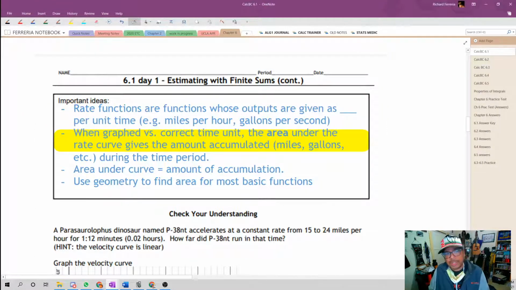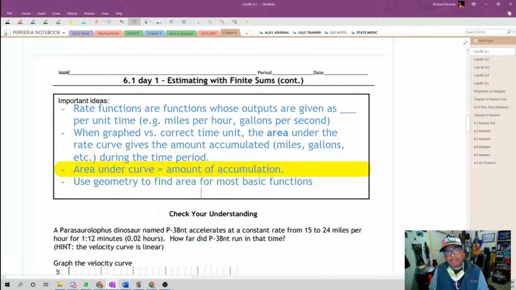When graphed versus the correct unit of time, the area under a rate curve will give the accumulation of whatever is in the rate, so miles or gallons, etc. The area under the curve then, very importantly, is the amount of accumulation that takes place during the time period.